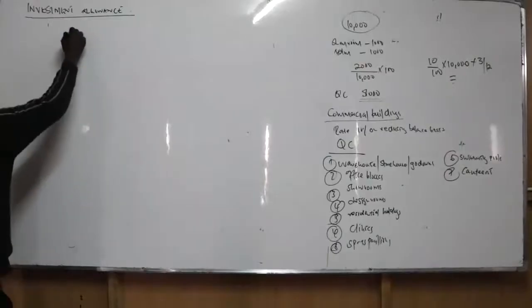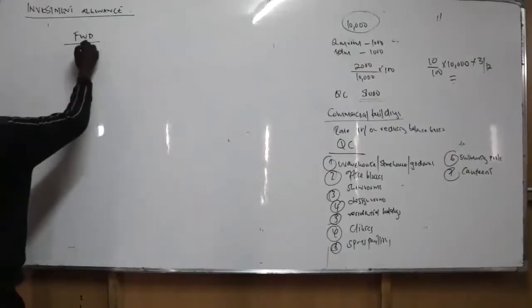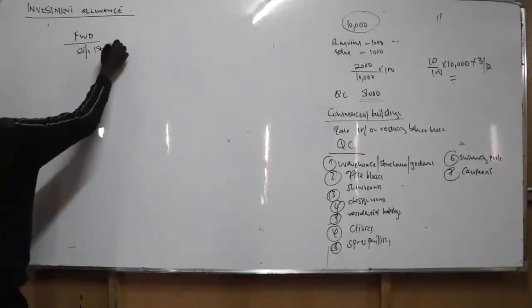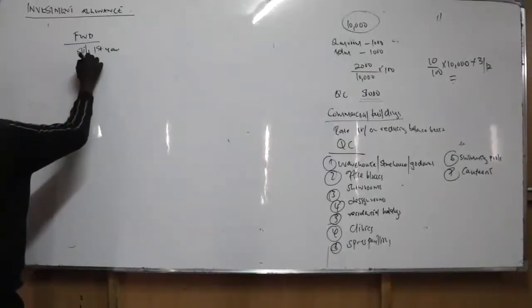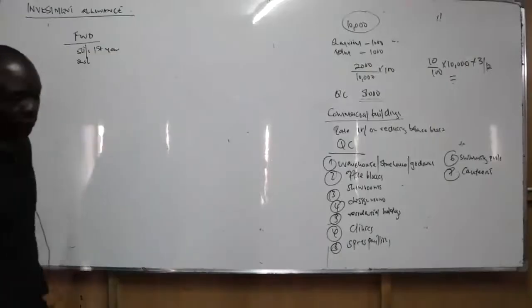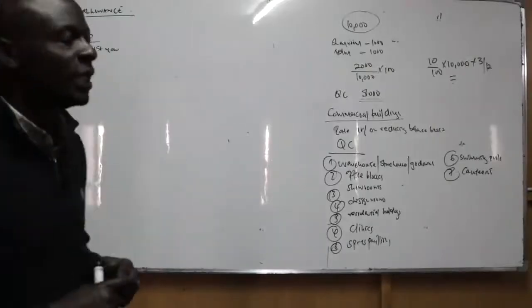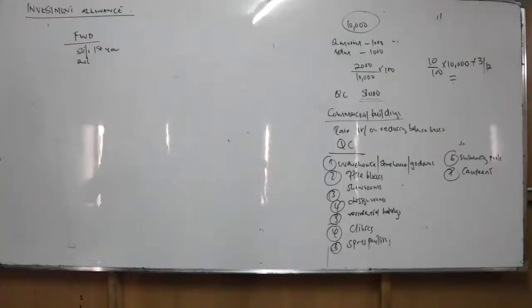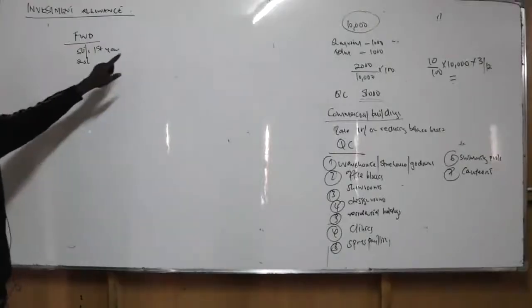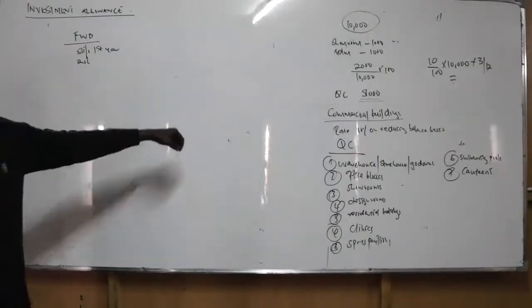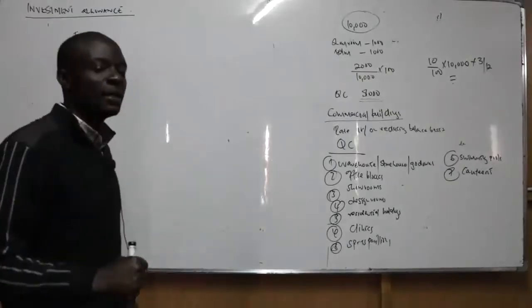So we call it FWD. The rate is 50% in the first year of use of the asset, and then 25% on reducing balance in subsequent years. So it is similar to industrial building and machinery. 50% in the first year of use of the asset, and 25% in subsequent years on reducing balance basis.